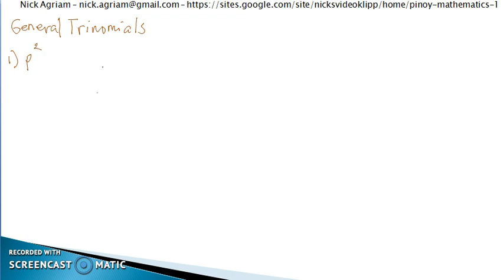p squared plus 5p plus 6. What you can do when you have this type of trinomial, I mean the first term is always 1, the numerical coefficient is always 1, then what you can do is look at the last term, always the last term.